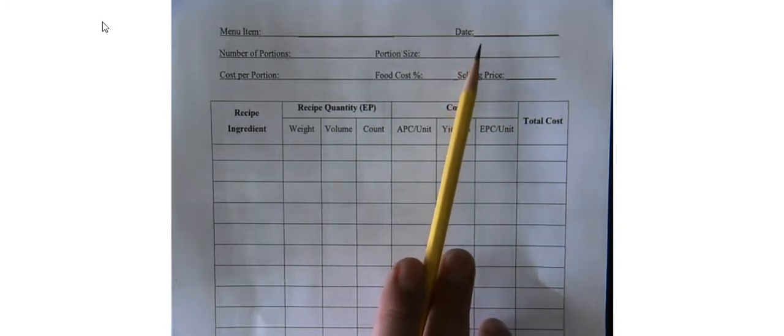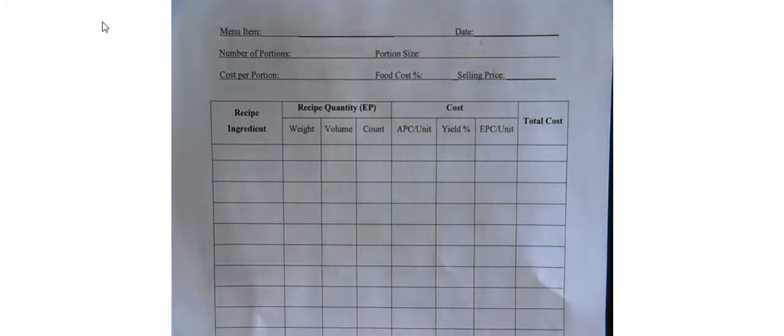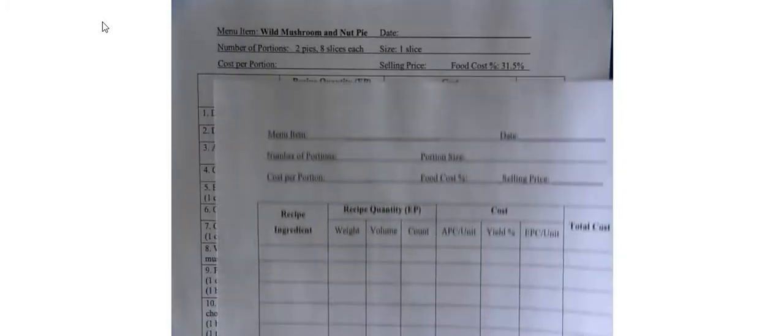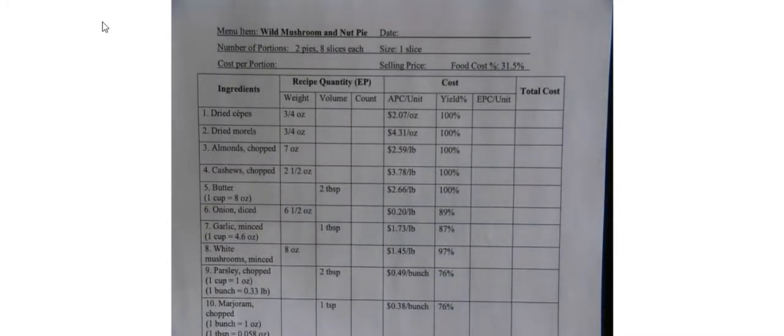Knowing when the last time a recipe cost was updated can be important, so that if the recipe was last costed out over a year ago, it's probably time to update the pricing on those ingredients. All right, so we're going to do a sample recipe cost for this menu item.